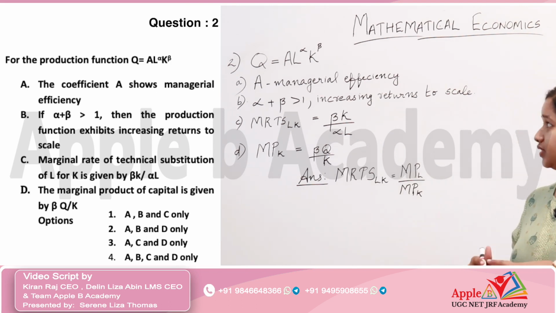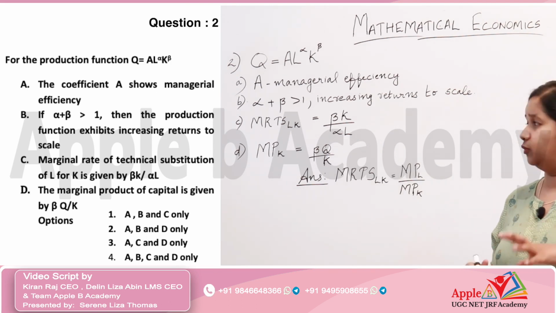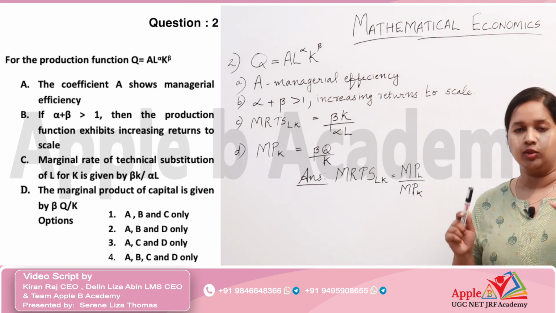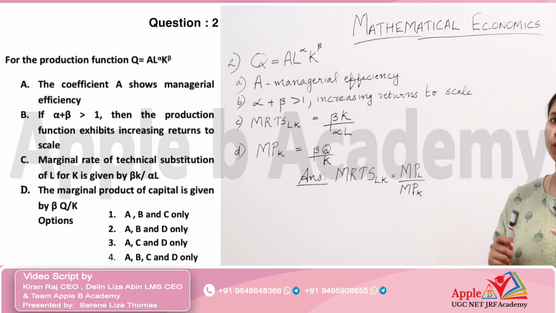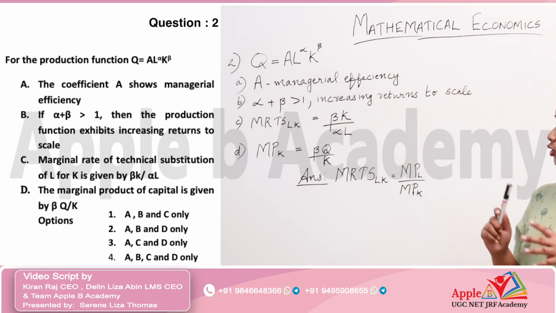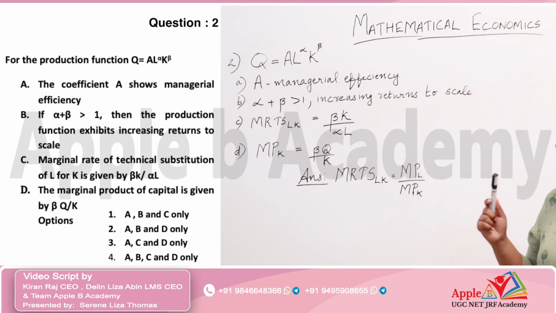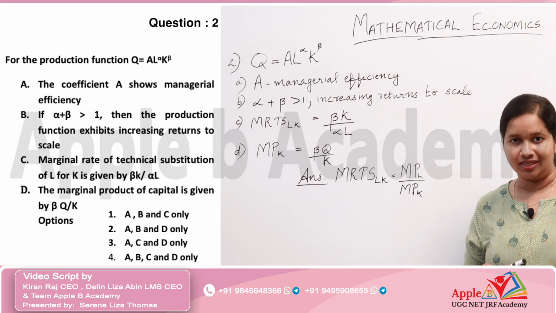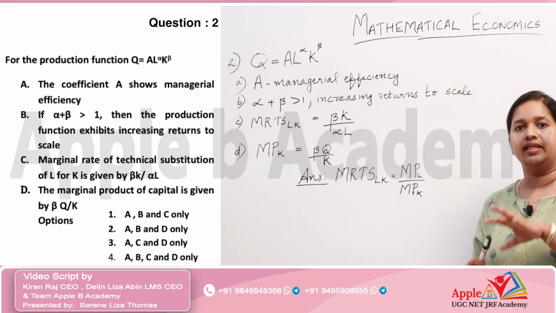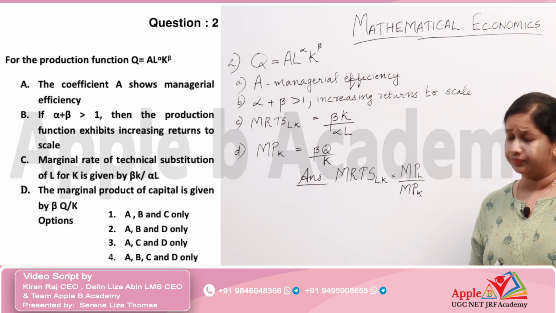In the second question, a production function is given, which is Q equal to A L raised to alpha K raised to beta, and we have 4 options. The first option is A denotes the managerial efficiency. The second option is if alpha plus beta is greater than 1, there is increasing returns to scale.